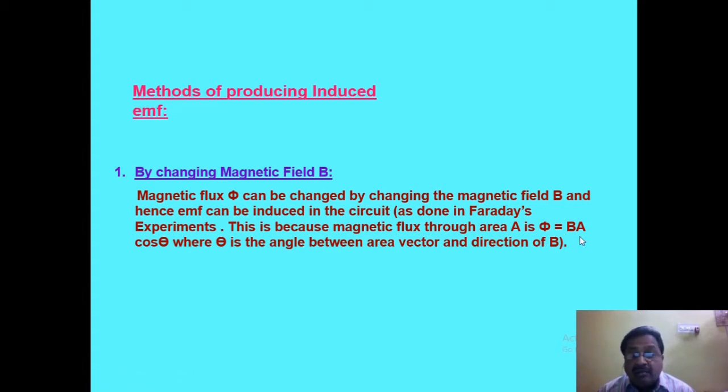So by changing B, A, or theta, one may change the magnetic flux linked with a circuit. As per Faraday's law, EMF is induced in a circuit so long as the change in magnetic flux continues. So magnetic flux can be changed by changing the magnetic field B, and hence EMF is induced in the circuit.